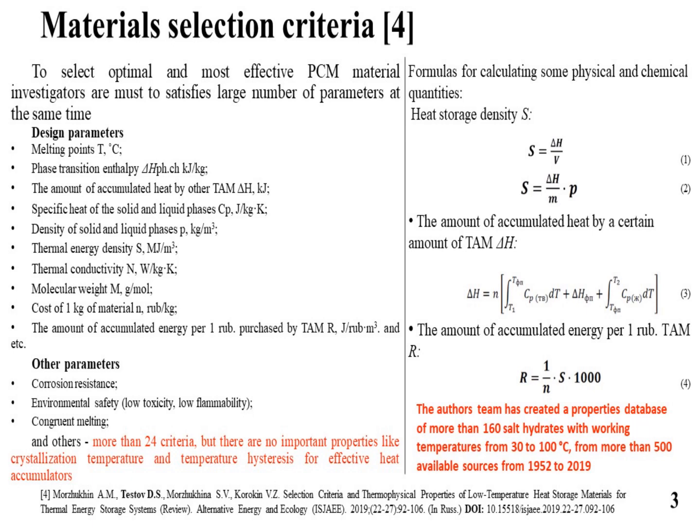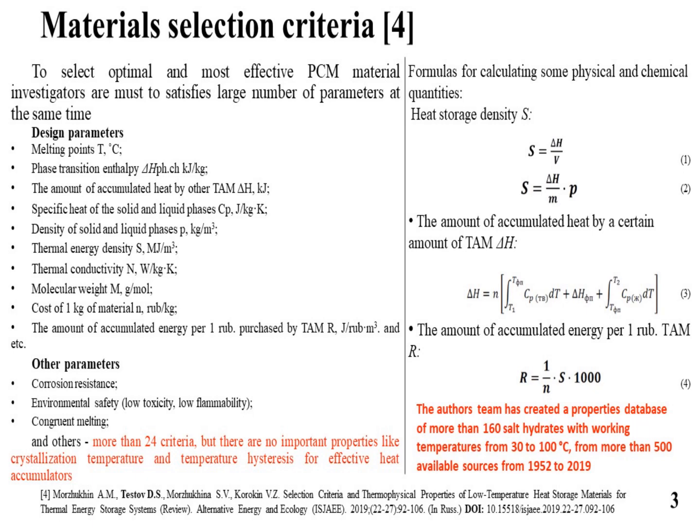However, according to the analysis of more than 500 literary sources, among about 160 salt hydrates, not a single substance can satisfy the quality selection criteria. Therefore, until recently, salt hydrates were considered the most difficult problem in phase change material research.